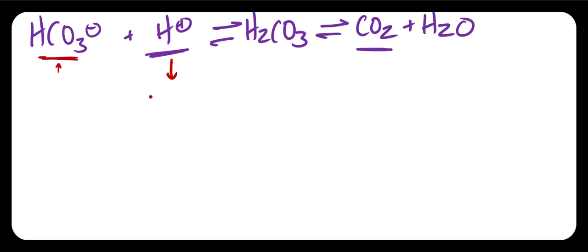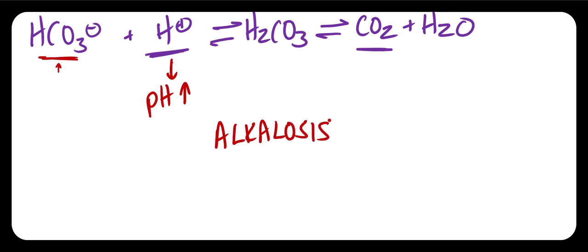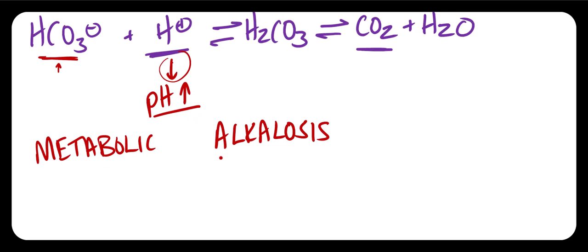Hydrogen ion's going down, pH is going up. What am I getting? Alkaline or alkalosis. How did I get there? Respiratory or metabolic? I got there in a metabolic manner. So that's my metabolic alkalosis. My hydrogen ion went down, so my pH went up. Alkalosis, metabolic manner.